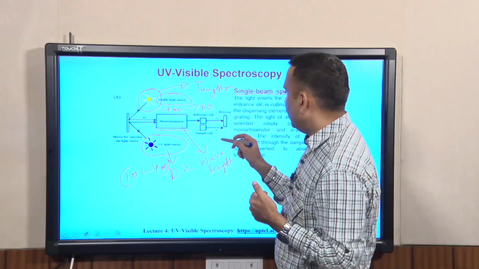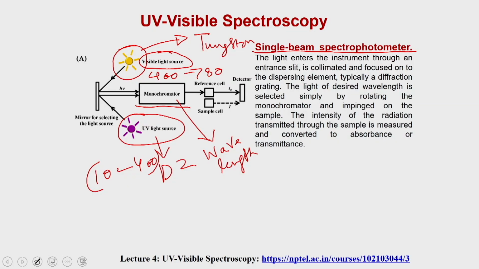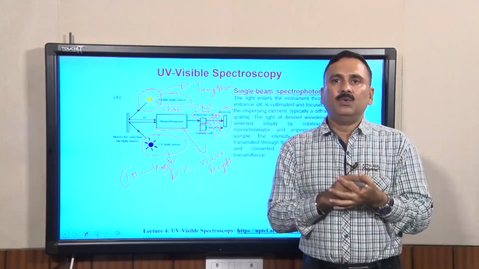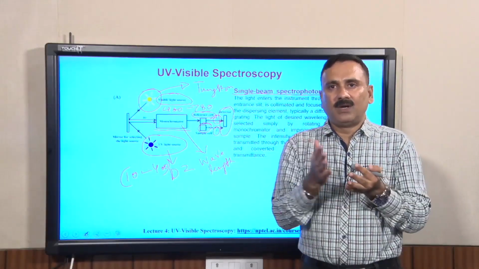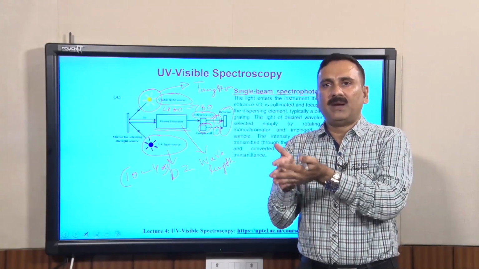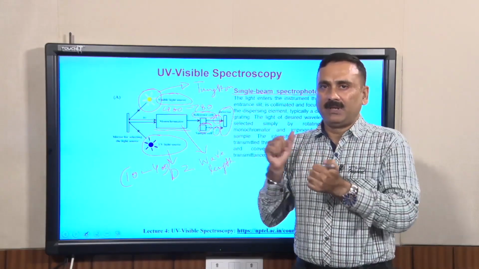Next you have the reference cell and the sample cell, where you can keep the samples, and then the detector. The detector tells you the intensity of I and the intensity of I0. Using those two, you can tell how much light is being absorbed by the sample.